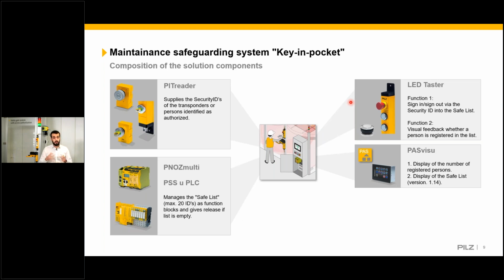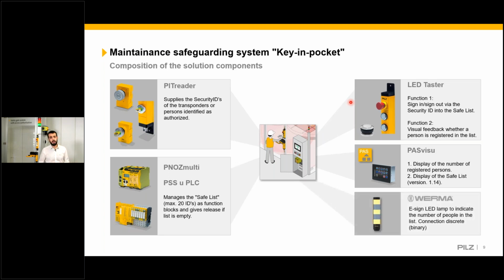And then another solution, if we do not have any HMI to display this information, is the Vermalite. Okay, in this e-sign LED lamp, we can indicate how many people are inside the area. So we can easily explain to the operator if there are 1, 2, or 3 persons inside the area.